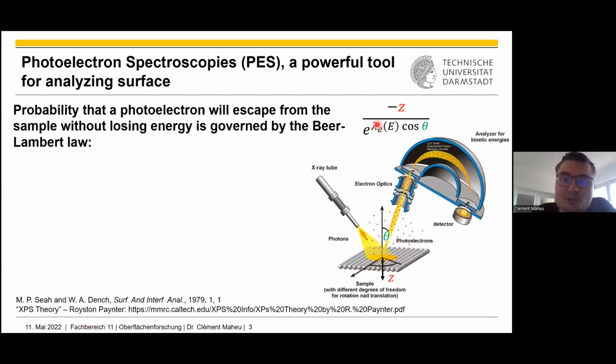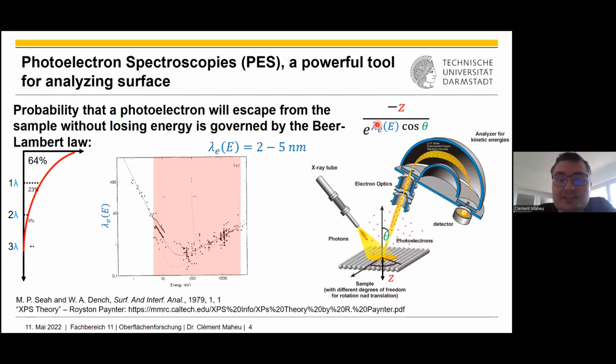And this parameter, the inelastic mean free path of your electrons, depends on their kinetic energy. So if, for instance, we use XPS, so standard X-ray with a photon energy of roughly 1,500 eV, you will create electrons with a kinetic energy at best of 1,500 eV.